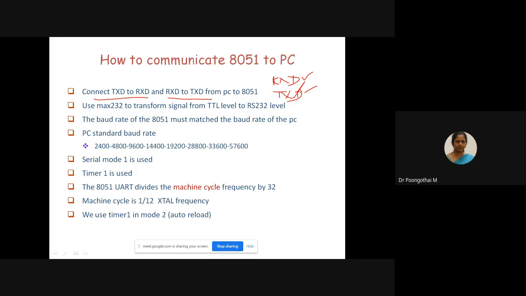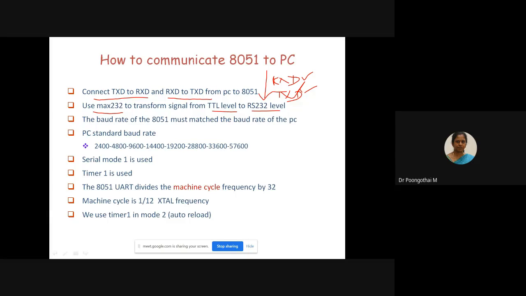Your 8051 supports TTL logic level, but your PC accepts only RS-232 level signals. So to convert TTL level to RS-232 level, we have to use the MAX232 IC.